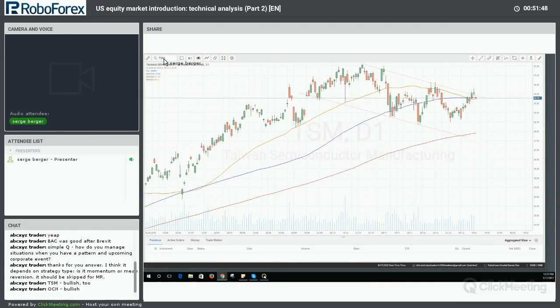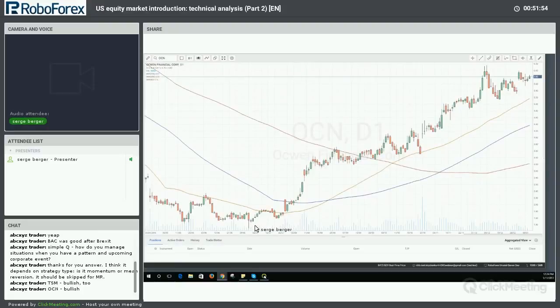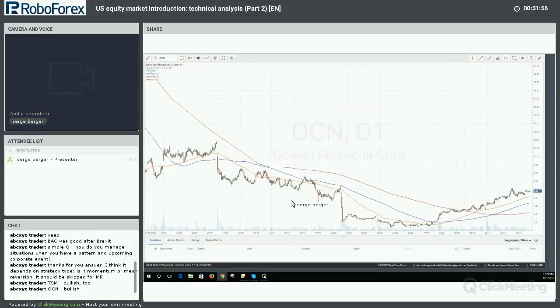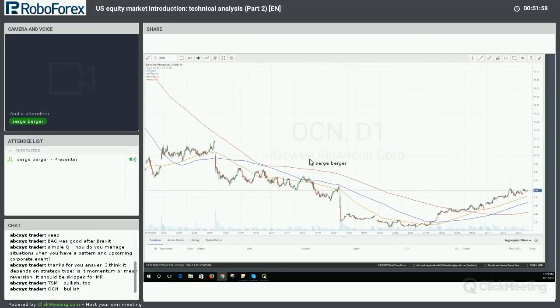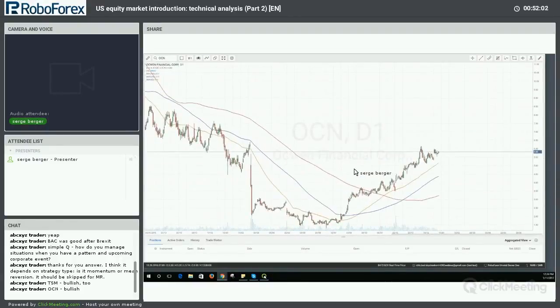Okay, then he also wants to look at OCN, which is Ocwen Financial Corp. And if we look at Ocwen Financial Corp, there's also a couple things. We actually have what we could potentially consider as, well, let me draw it in, and you'll see what we're talking about.